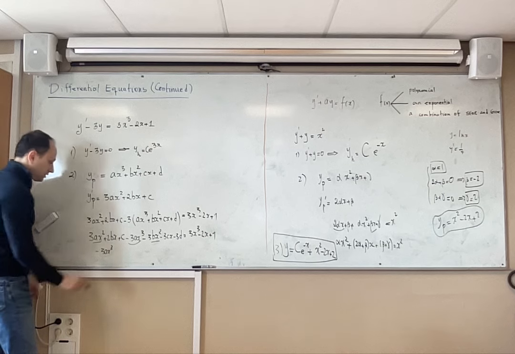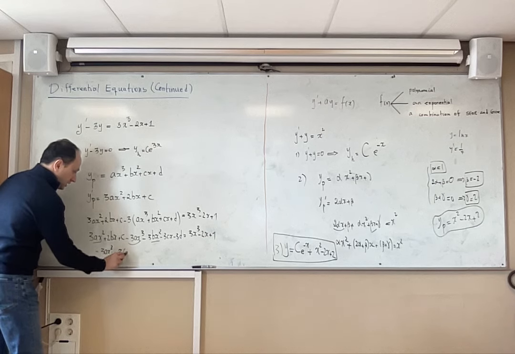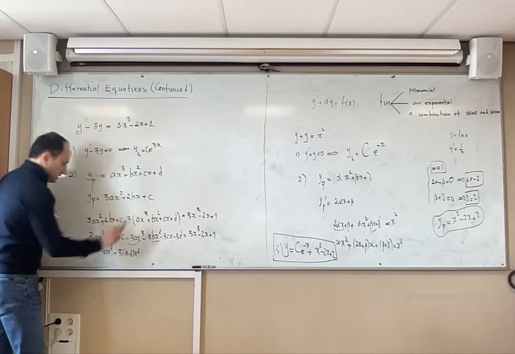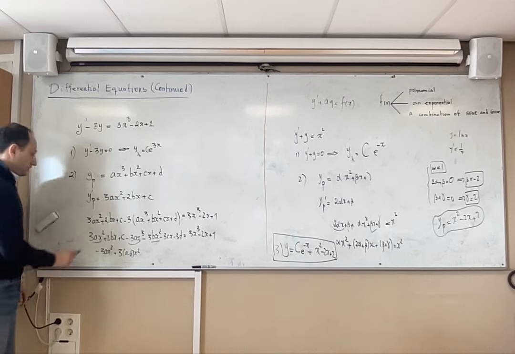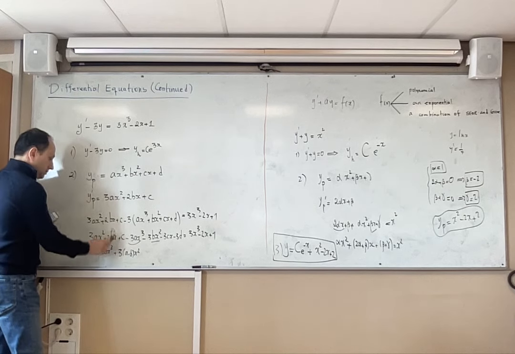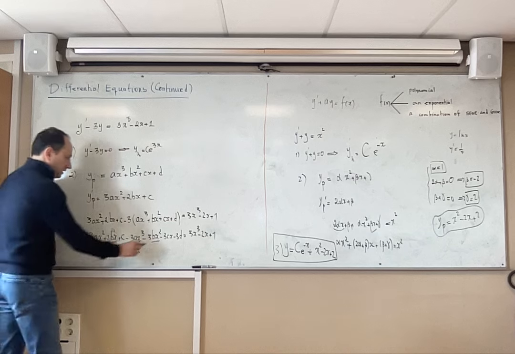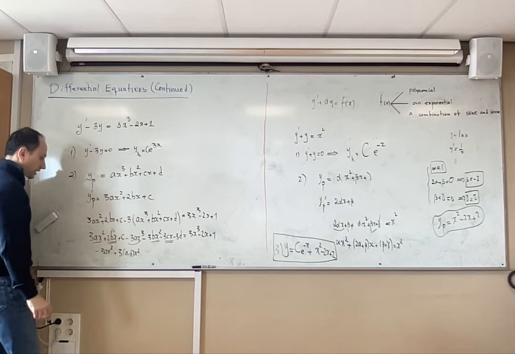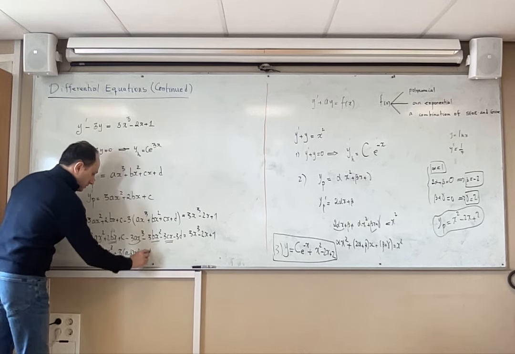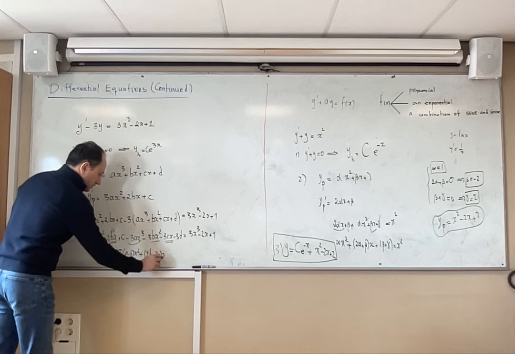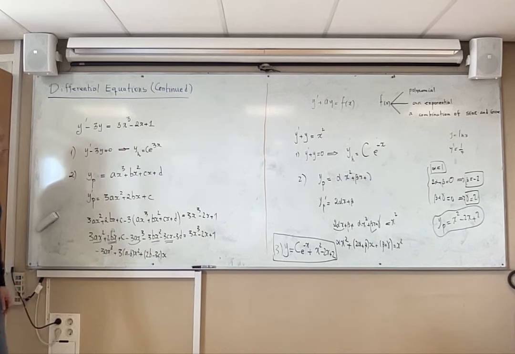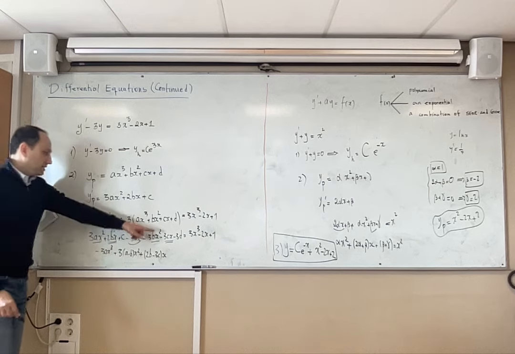I can also factor a 3 out. So it becomes 3a minus b, x squared. And then you see that I have this one and that one. I factor an x out. And then I have 3c minus 3d.